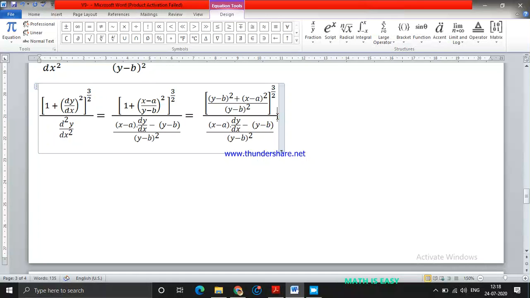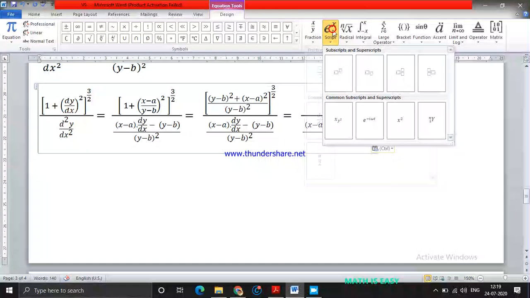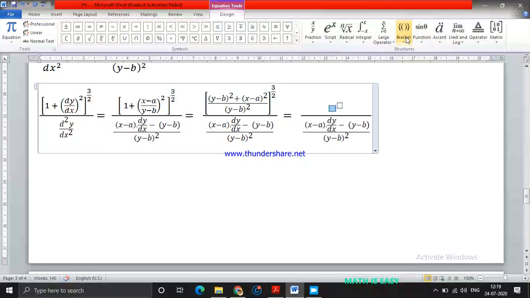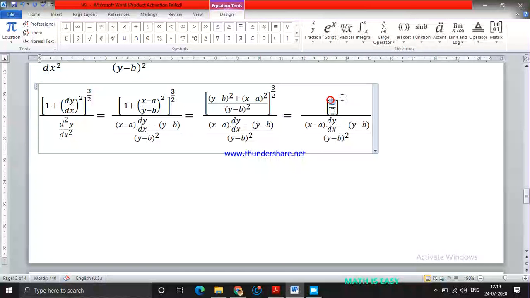Okay, which is equals to, now let me simplify here, first a fraction, and the denominator is going to be as it is, no change in the denominator. Okay, so in the numerator, let me see what can be changed. Here also y minus b whole square will remain the same.